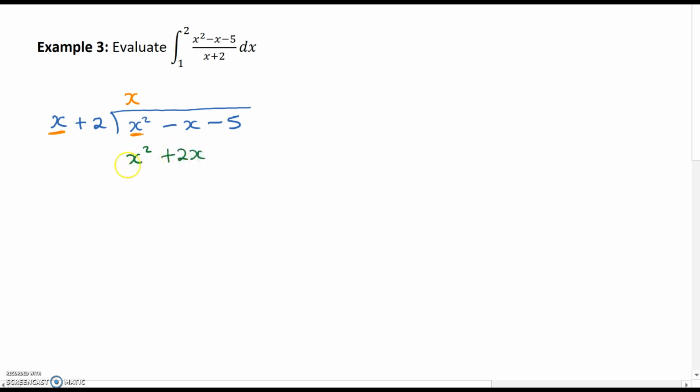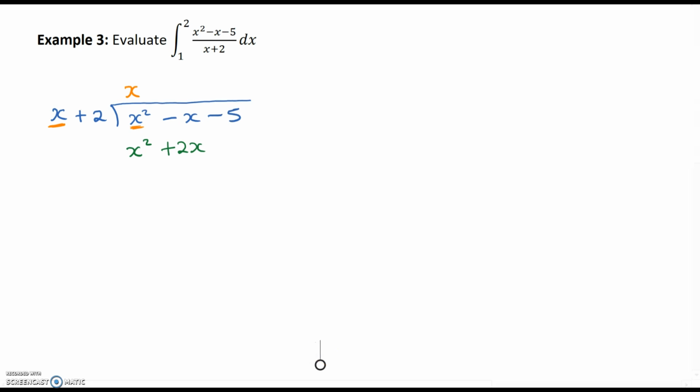Then what I like to do is change the signs on the bottom line, so make that minus x squared and minus 2x. I'm going to leave the plus visible because I want you to recognize later that I have changed the sign. When we add these two lines, x squared minus x squared cancel out, and we have minus x minus 2x, which gives you minus 3x. Now you bring down the next term as well, which is negative 5.